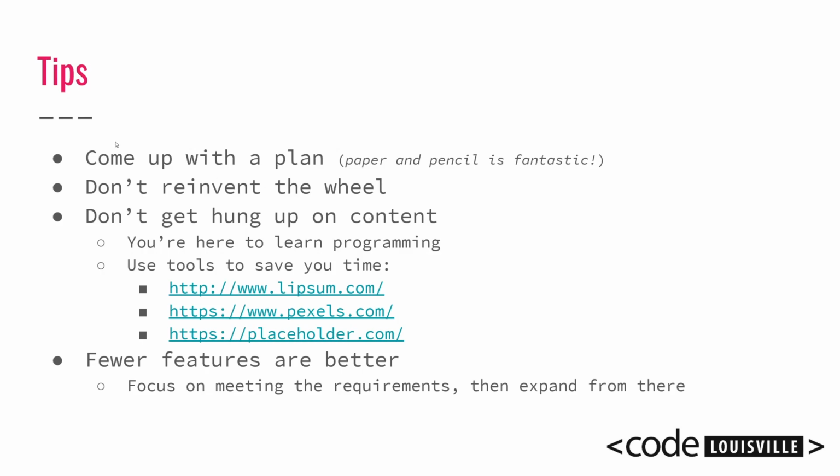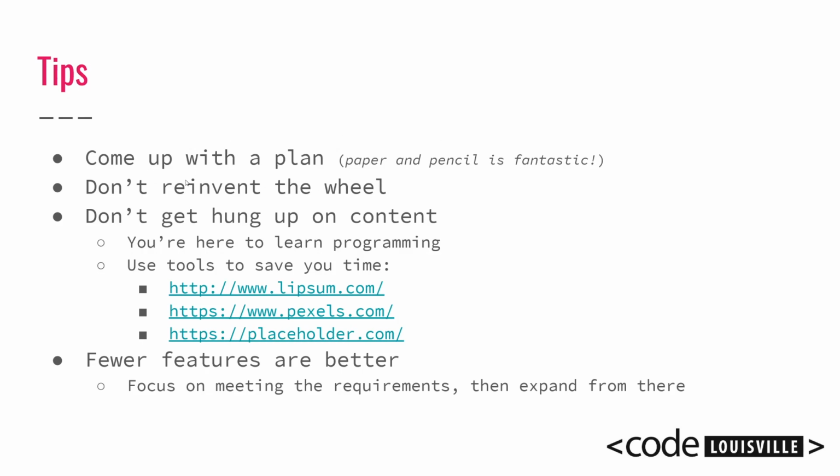A few tips. First of all, it always helps when you come up with a plan. That plan can be written down on paper, in words, or images that you draw or mock up on your computer. You can do it with paper and pencil. That's a great way to start a project: I want my image up here, my menu over here, and I'm going to display XYZ here.